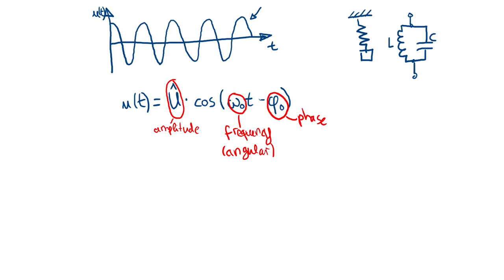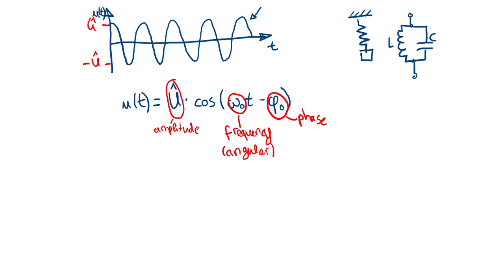So how are these parameters connected to the oscillation here in the drawing? The amplitude is the maximum value that the monochromatic signal can take. So the amplitude defines the limits where the monochromatic signal oscillates. There is a phase.